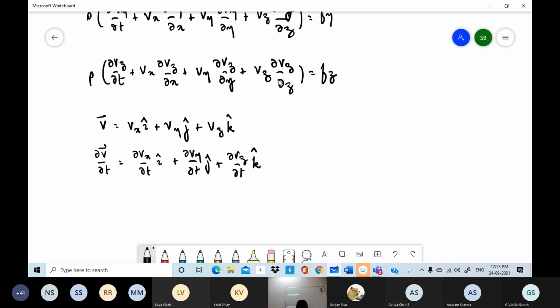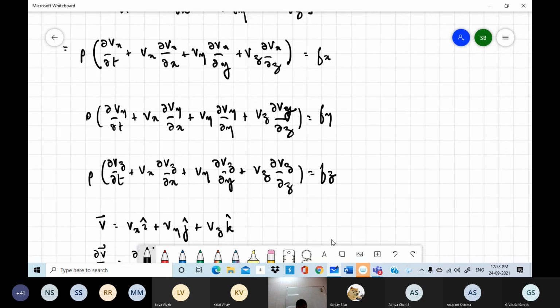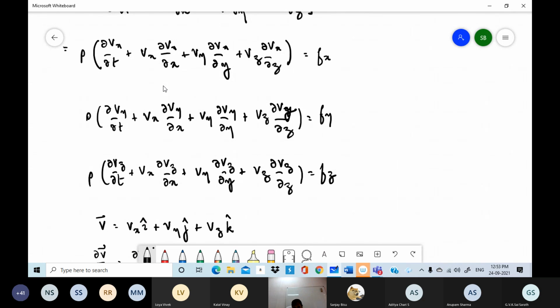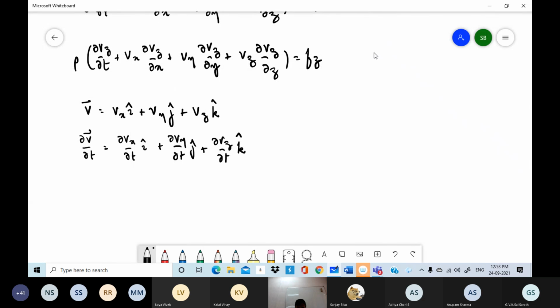Now let's come to this part. So everywhere it seems there is a certain operator acting on the components of v. So I have an operator Vx del by del x plus Vy del by del y plus Vz del by del z.